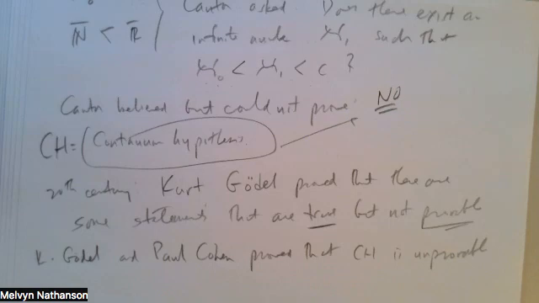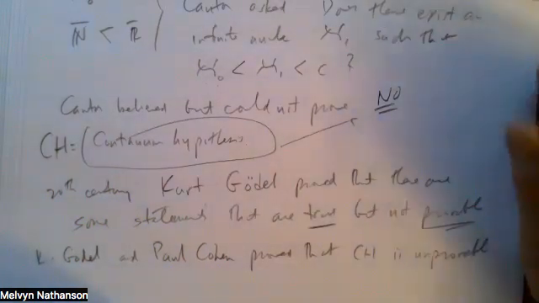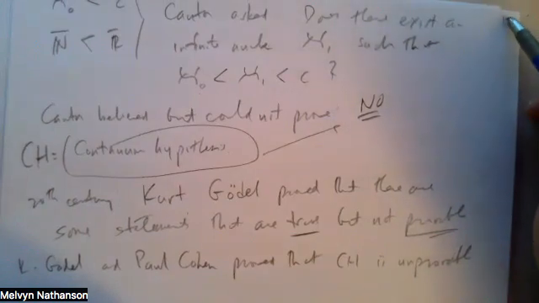The continuum hypothesis is an unprovable mathematical statement in ordinary mathematics. This is one of the amazing discoveries of the 20th century. Of course, we're in the 21st century, so the 20th century is already getting pretty old. That's where we are.